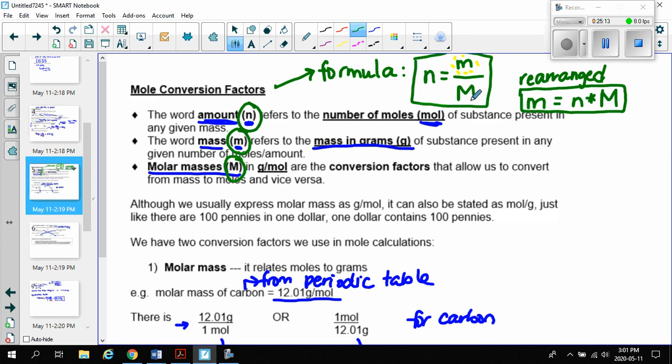It's just a rearranged form of this. Very rarely would you be searching for the molar mass of a substance. I can't imagine a question where you'd ask what is the molar mass of this if you have number of moles and mass, but I guess it could happen. So our rearranged form of that one would be mass divided by number of moles. And again, this one you won't really see.